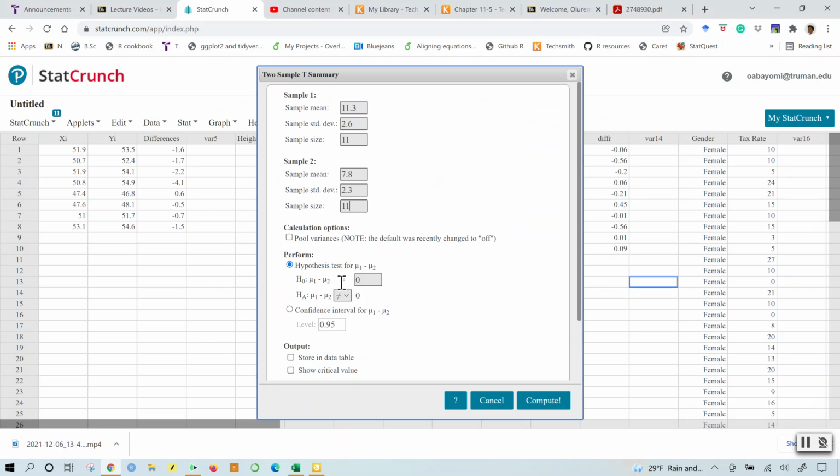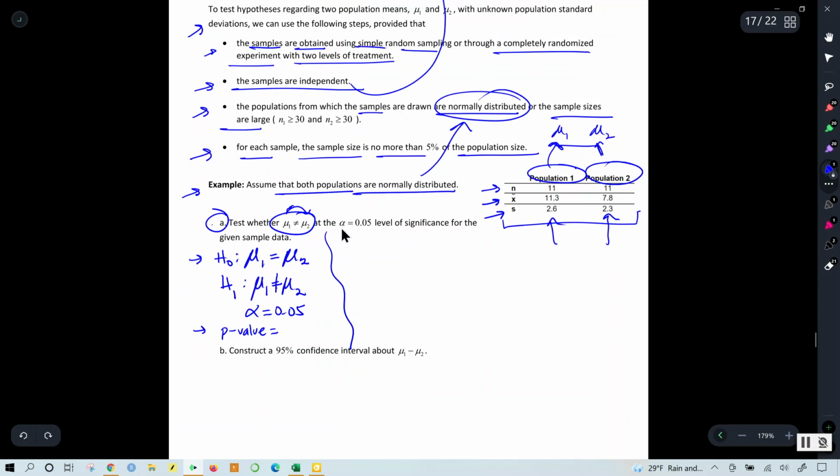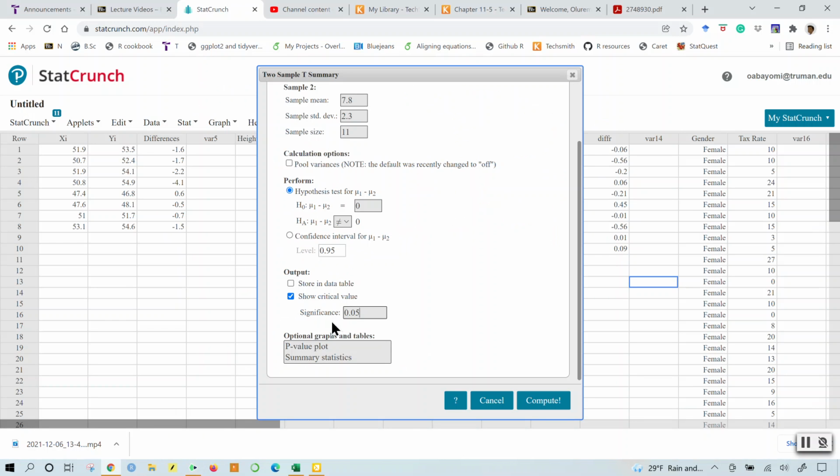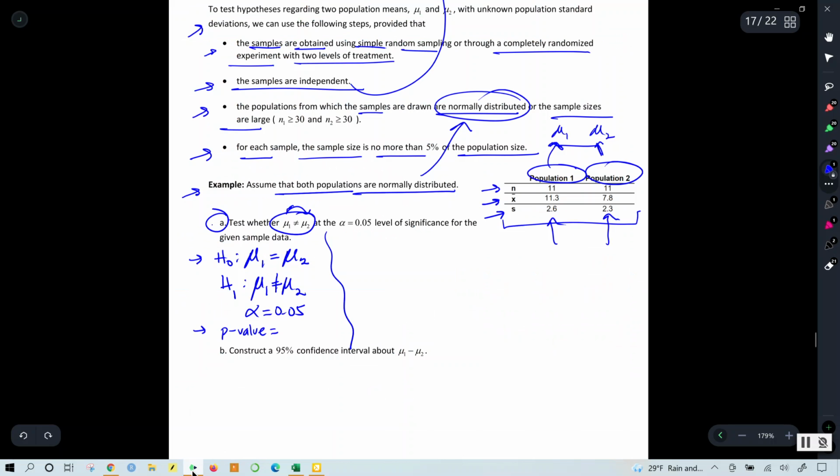So I'm going to set that up, ensure that this is not equal to. My level of significance is 0.05, which I already have. So compute. And you have your p-value, which is 0.0033.